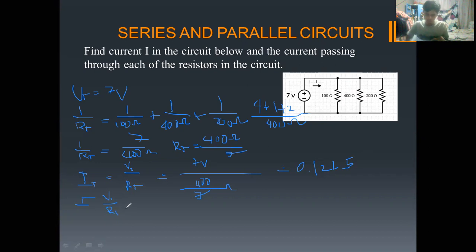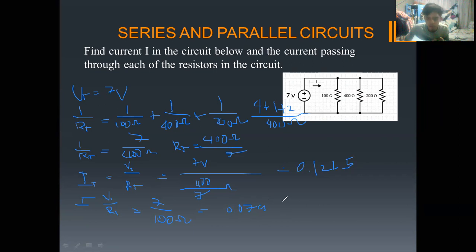Equal lang naman yung volts dyan. So, equal yan sa 7 over 100 ohms, equal to 0.07 amps.